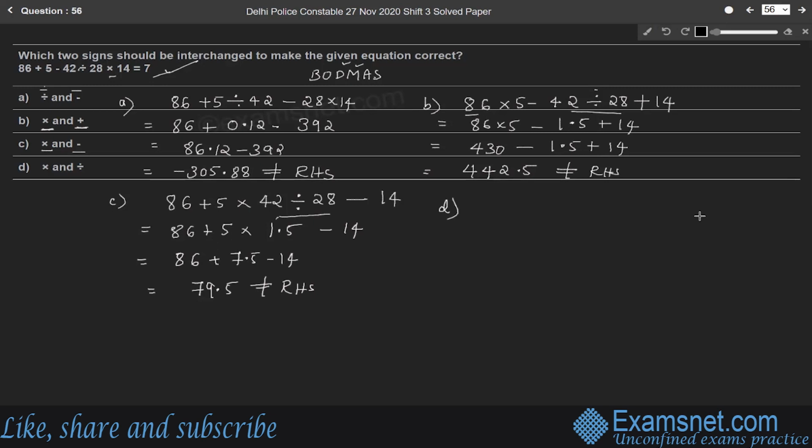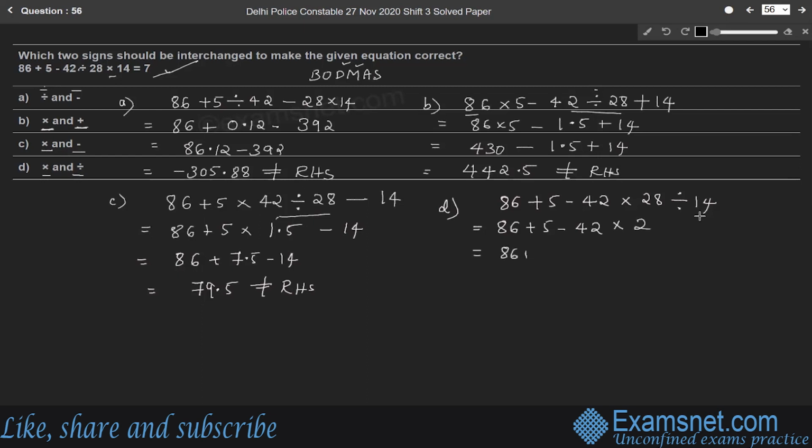Let us check with option D also. So, where multiplication and the division signs are interchanged, 86 plus 5 minus 42. So, divided by 28 becomes multiplied by 28 into 14 becomes divided by 14 is equal to 86 plus 5 minus 42 into 28 by 14 is 2, right?